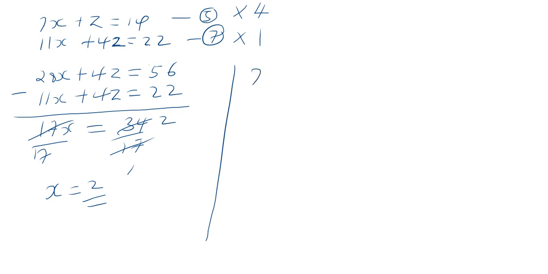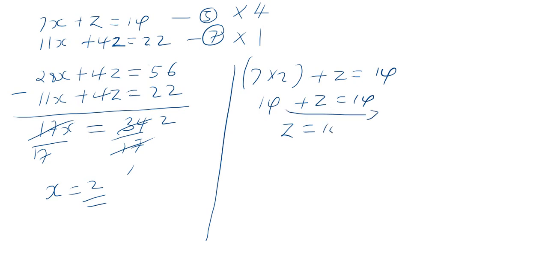So we shall have 7 times 2 plus z is equals to 14. This is 14 plus z is equals to 14. Our z is equals to, we take 14 on the other side, 14 minus 14, and our value of z in this case will be 0. So we get z as 0.